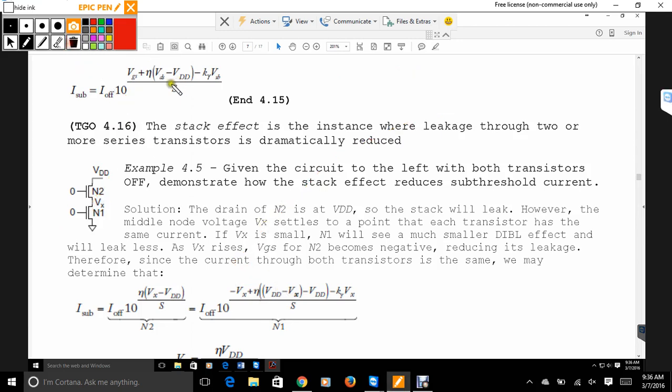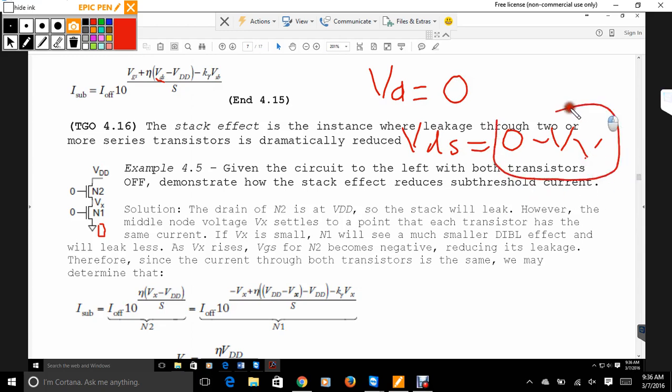So now we start plugging this in. So VDS, 0 and Vx, right? VDS in this case is going to be 0. So VDS is going to be 0 minus Vx again. So even though it's negative Vx minus VDD.